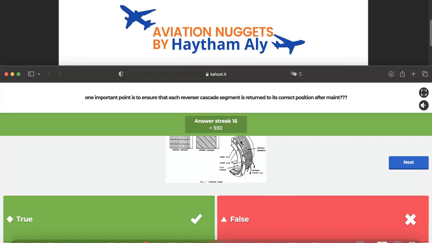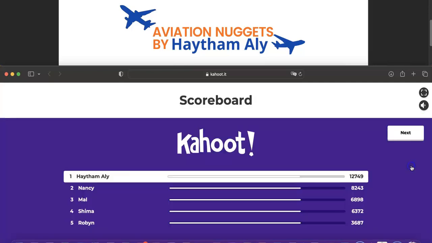So each cascade segment has different angles, and each one must be returned to the correct position. Okay, thank you so much, and let's proceed to the next question.